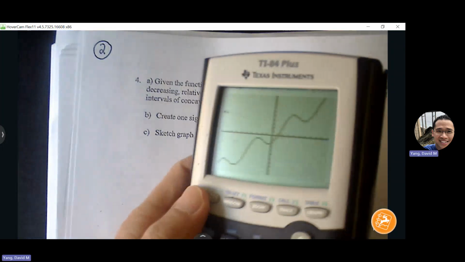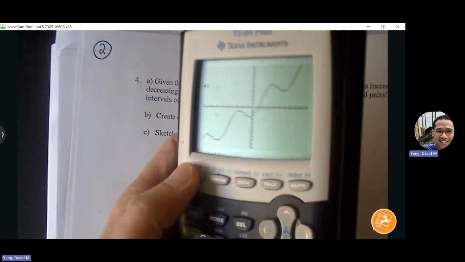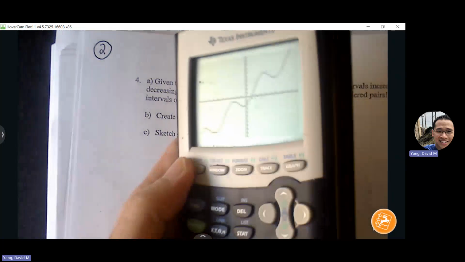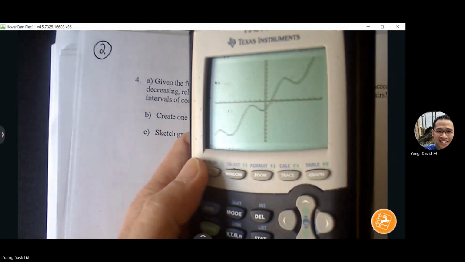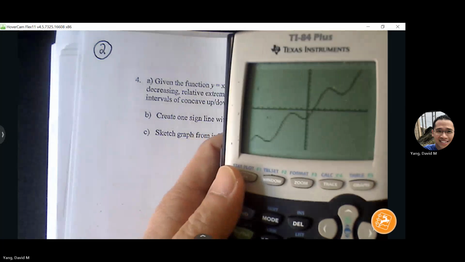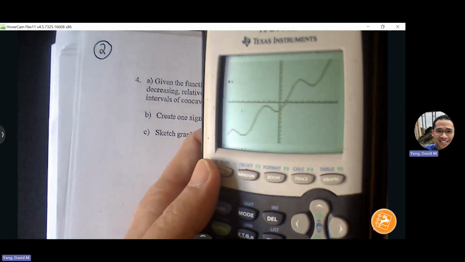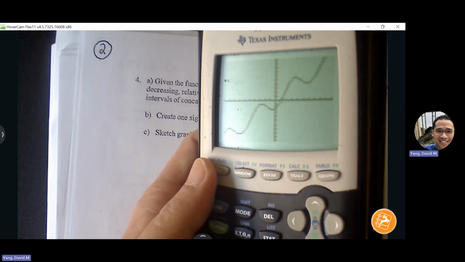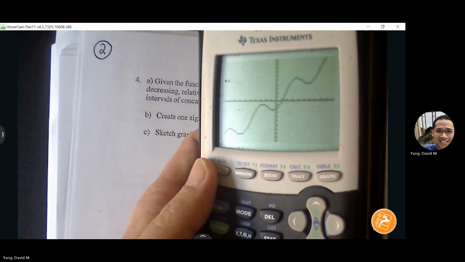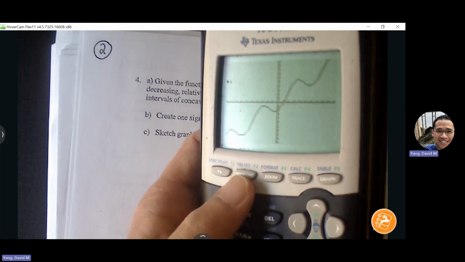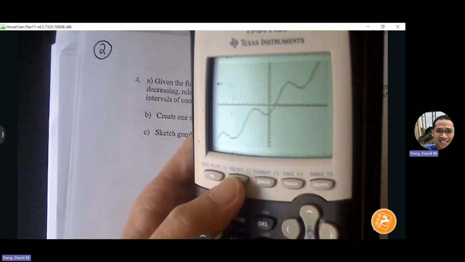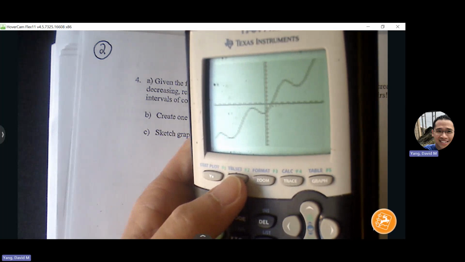Okay, so again, you're going to go to y equals to type in that function x minus 2 cosine x. Does anybody have any trouble getting that picture to show up right now? Okay.